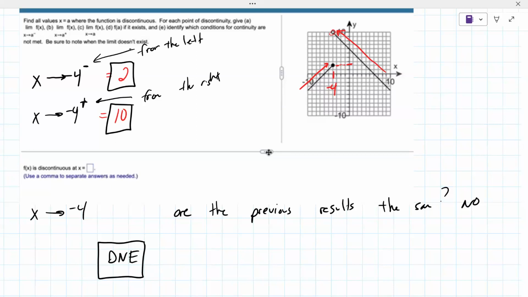Just 2 for the first one. Yeah, so this is part B, this is part C. Okay, sweet. Did that work?